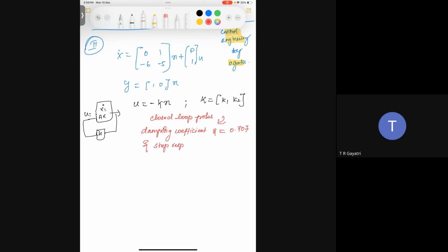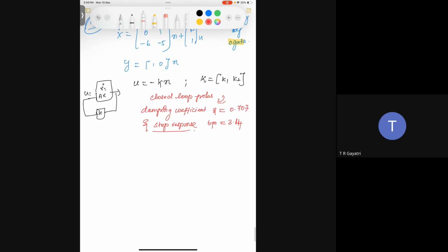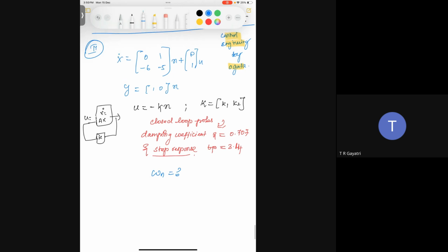The step response is important because if you don't know what response it is, we cannot find the steady state error and value. Peak time is 3.14. They are asking what is the natural frequency omega n of the system with this desired closed loop pole, maybe rounded to two decimal places.